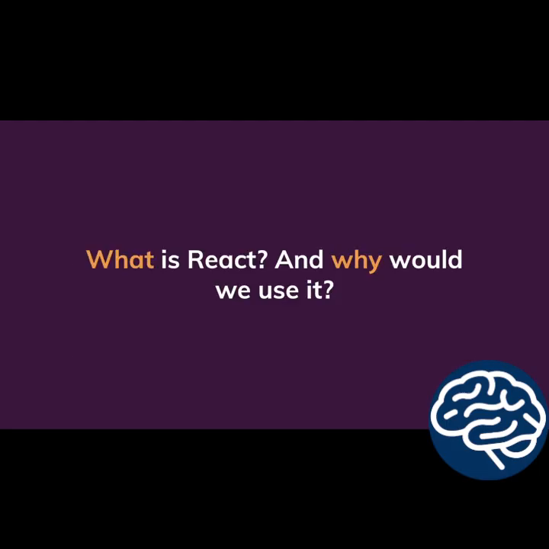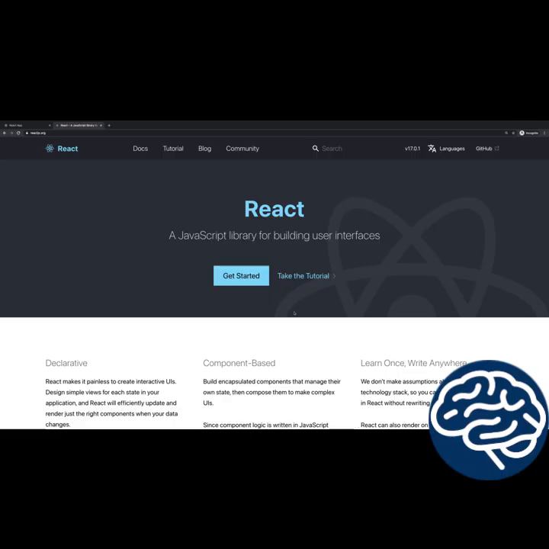So let's dive right into this video and this topic by answering the most important question first. What exactly is React.js and why would we use it? Why do we need it? What's the problem it helps us solve? Regarding the what, we can of course visit react.js.org, the official webpage of React.js.